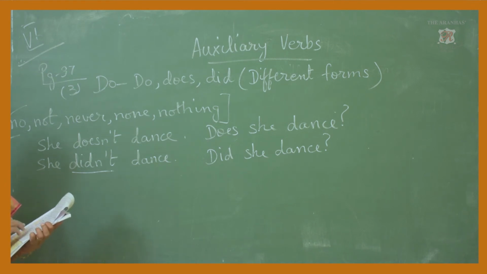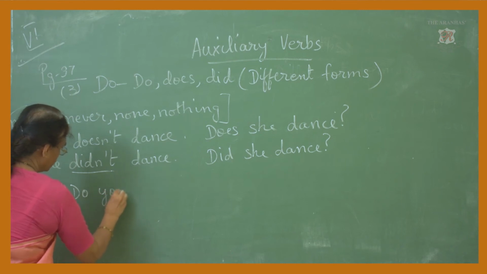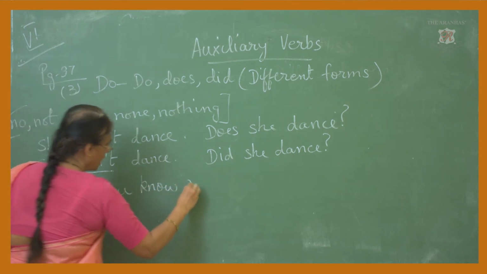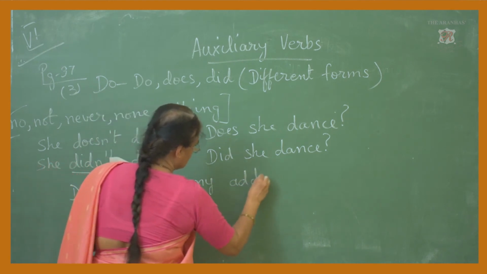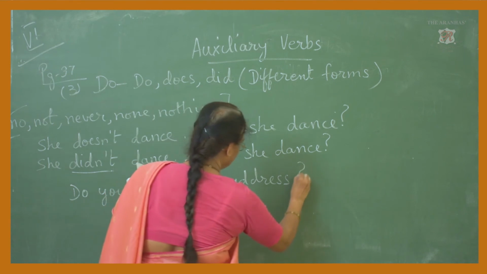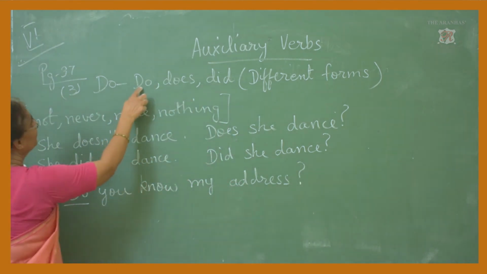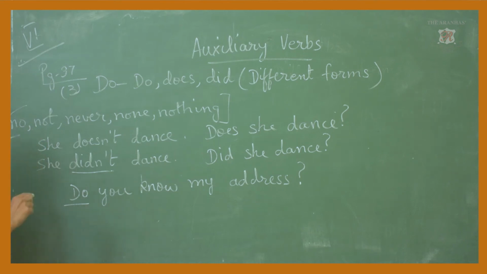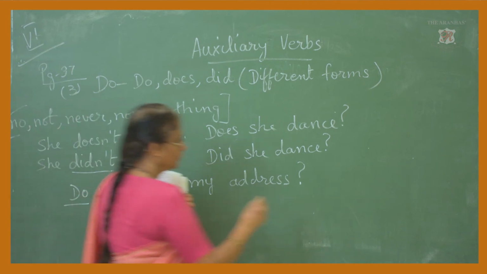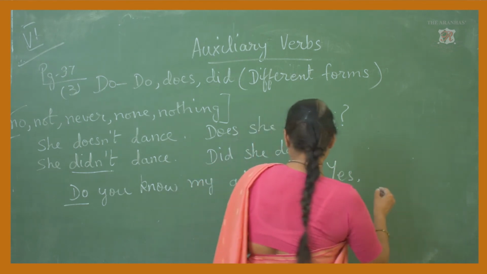Okay. Now next we will see how to avoid repetition in short answers. That is, it is in the form of a question. Suppose for example, do you know my address? It is in the form of a question. The word used is do. The different form of do, you have do also in it. So here we are using it. Do you know my address? Question mark. So what will you write? Yes, I do.